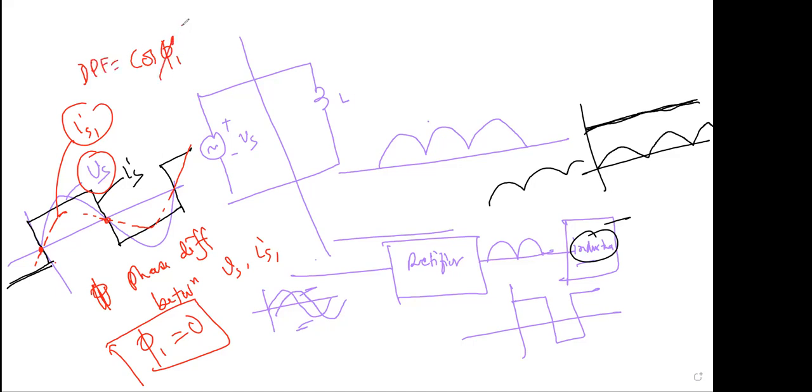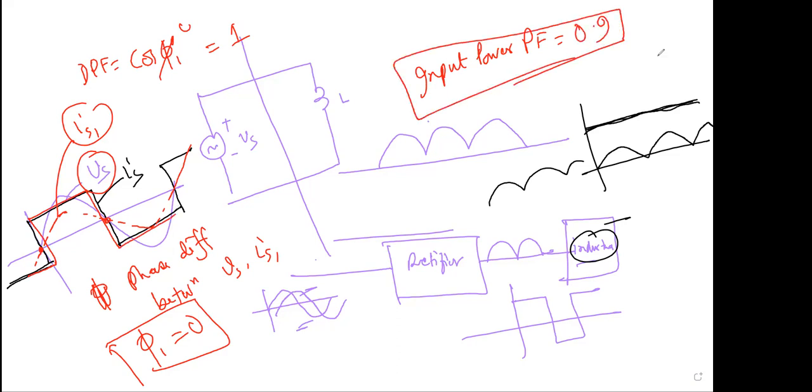Since it is 0, for this case we are getting 1. But the input power factor, we have already found out. It cannot be seen from the wave shape because this is a rectangular type current, and we have already found this is 0.9. What we want, it must be as close as 1. Is it clear to you or not? Yes, sir. It is clear now, sir.